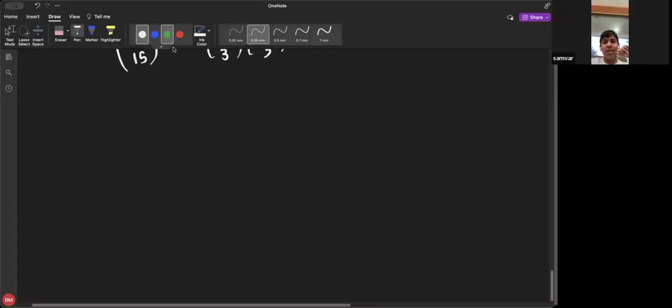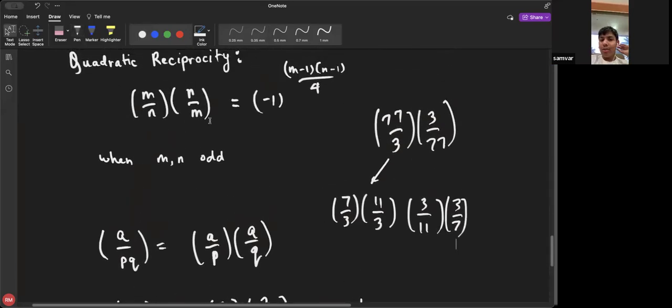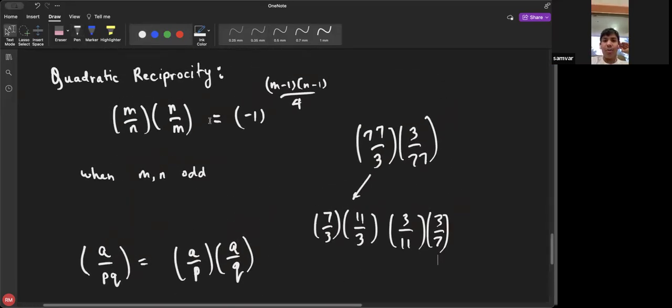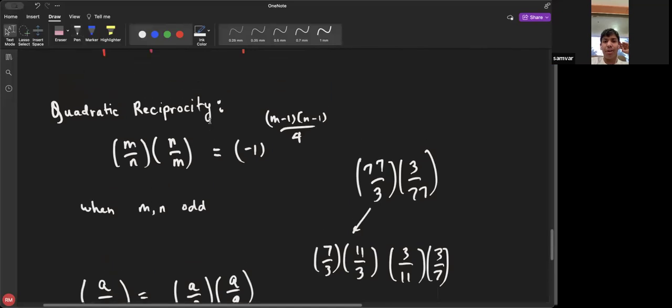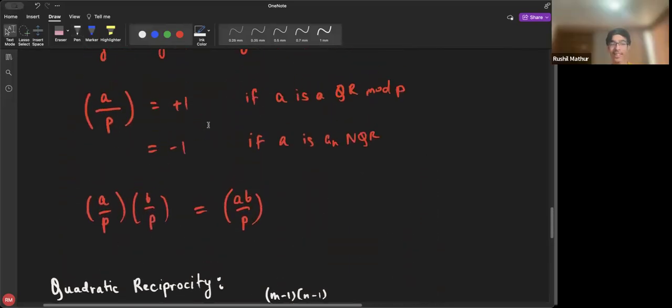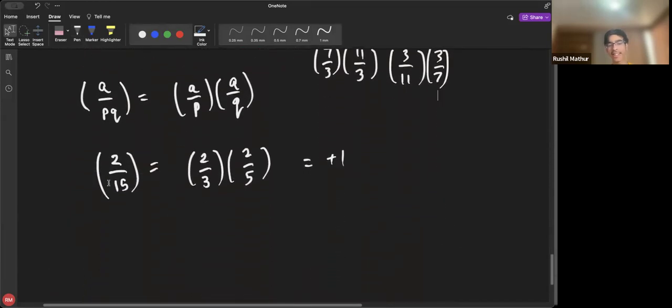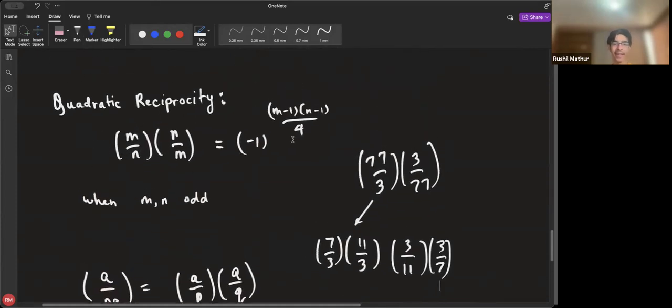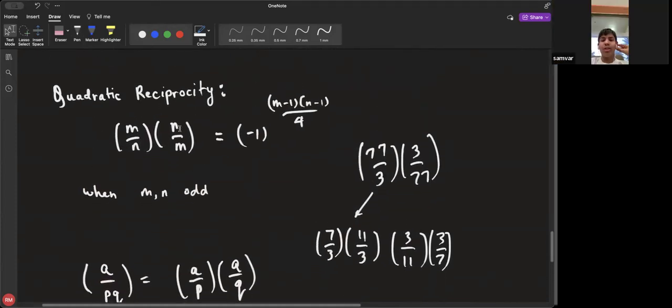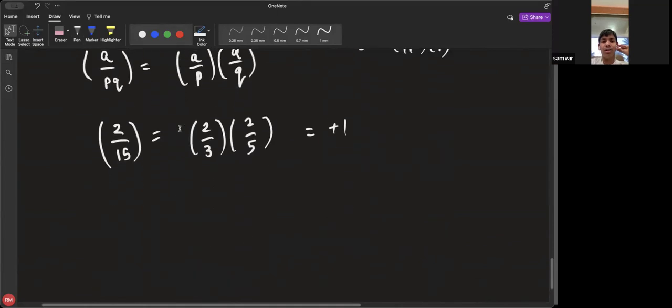I have a question. Yeah, go ahead. So, wasn't the point of this notation to check whether a number was a quadratic residue mod p or not? Yeah, that's true when it's a prime. But when you do it for general things, they just defined it so that it extends nicely with this definition. So when you have a composite, you can split it into its prime factors and then do the same thing.